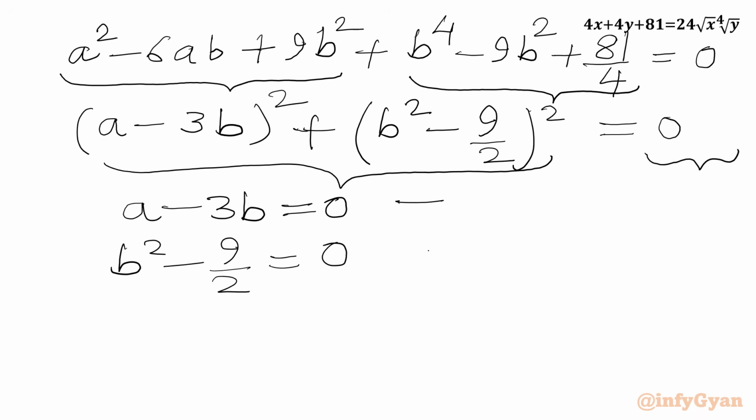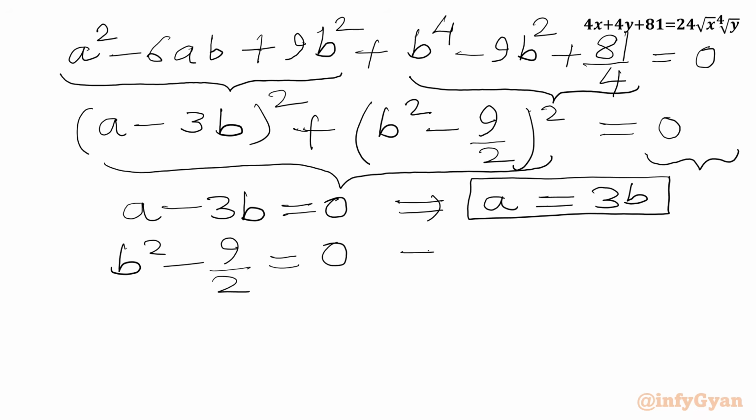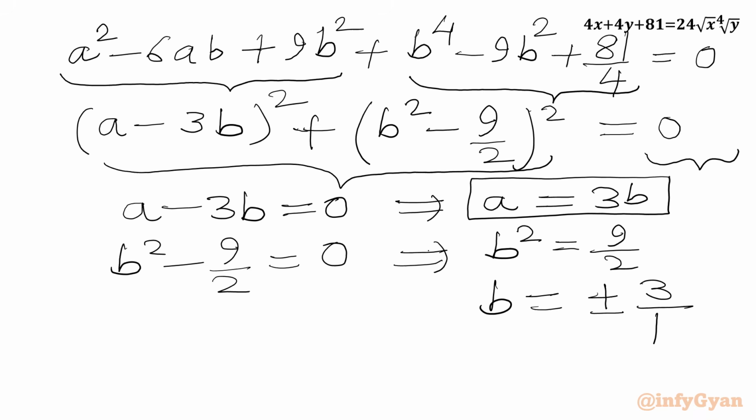So from our first equation, we can write a will be equal to 3b. And from our second equation, we can write b square should be equal to 9 over 2. Or we can write b will be equal to plus minus 3 over square root 2.